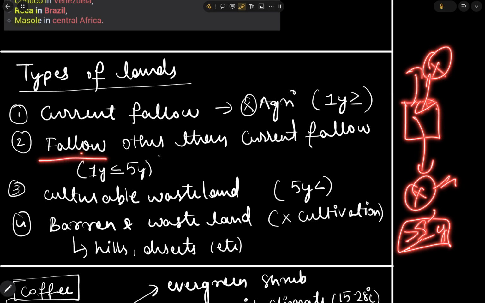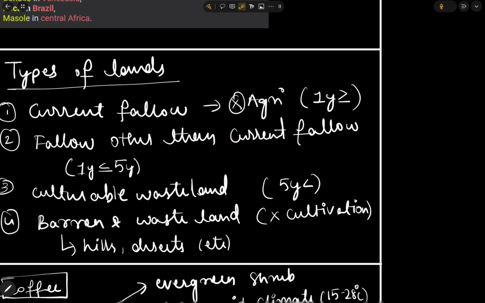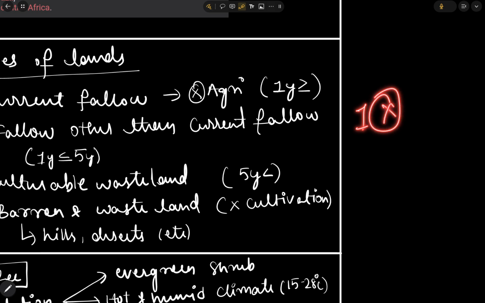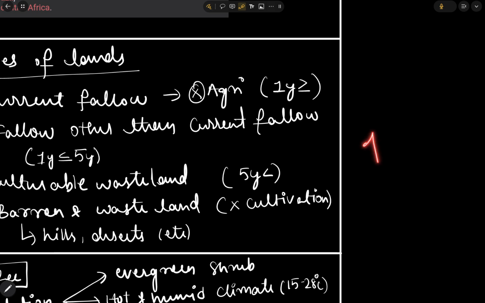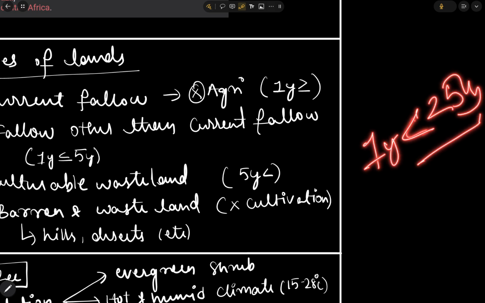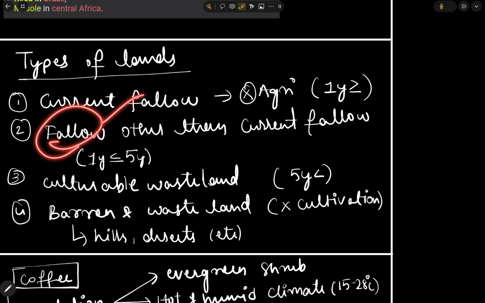Next we have the fallow other than current fallow. In this section we include barren lands which aren't used for agriculture for more than 1 year but less than 5 years; that is known as fallow other than current fallow.